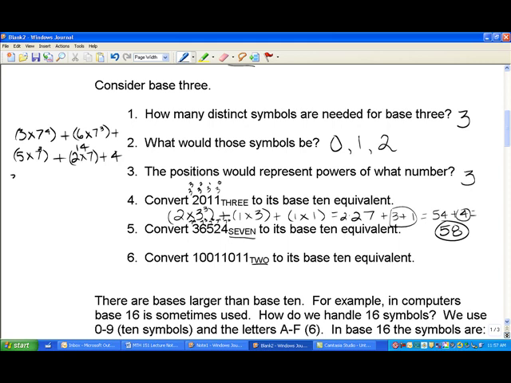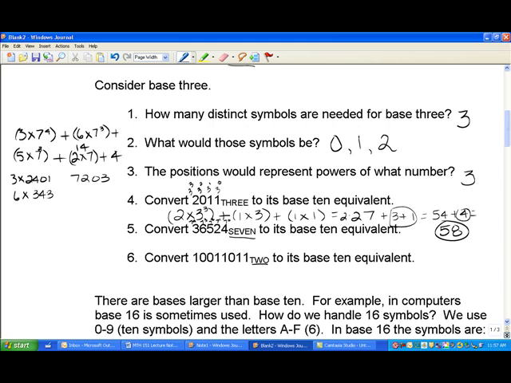So we have 3 times 2401. I'm just going to do these in a column and it'll make them easier to add. 7203. We have 6 times 7 cubed, which is 343.